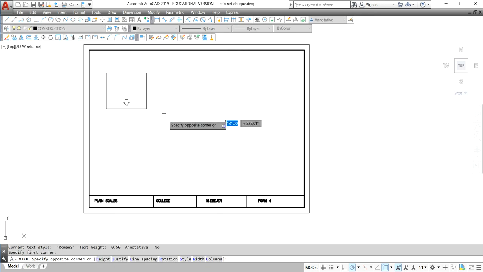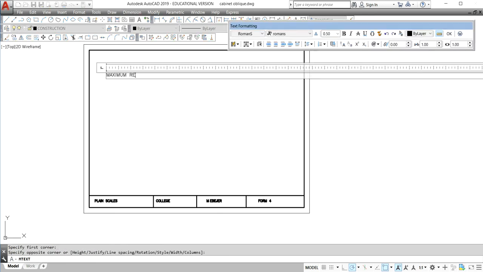I'm going to design a ruler that reads a maximum of 5 meters or 500 centimeters, and we're going to use a scale of 1 is to 20, which means all the measurements are going to be reduced by 20 times.